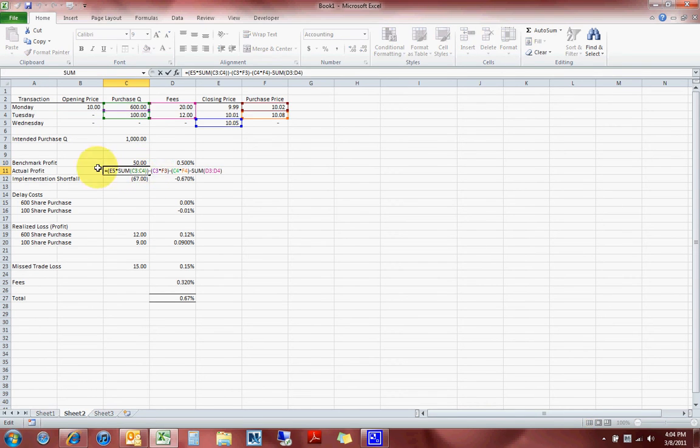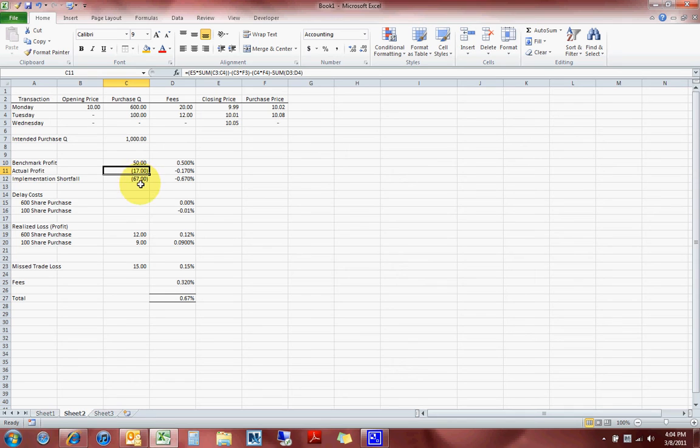The actual profit is essentially the closing price times the amount of shares I have on hand, which is this portion here. That's like the ending value, minus the beginning value, which is just the amount of shares I purchased times the cost, minus the commission. So that tells me that net I lost $17 on that trade.